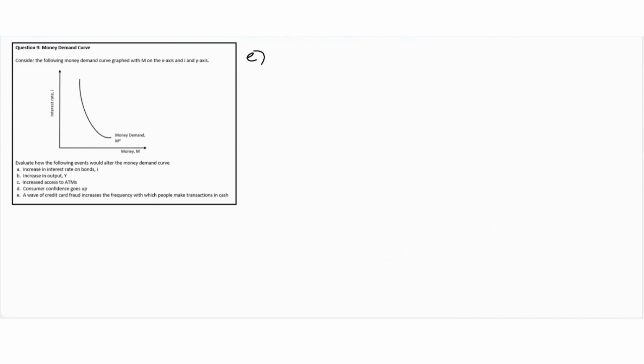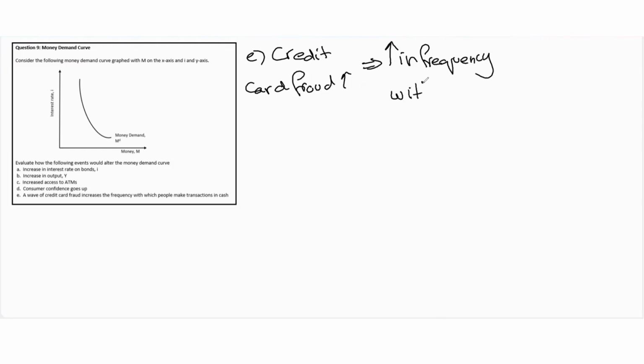The last part is that credit card fraud increases. As a result of this, there's an increase in the frequency with which you'd prefer to make transactions with cash instead of a credit card.